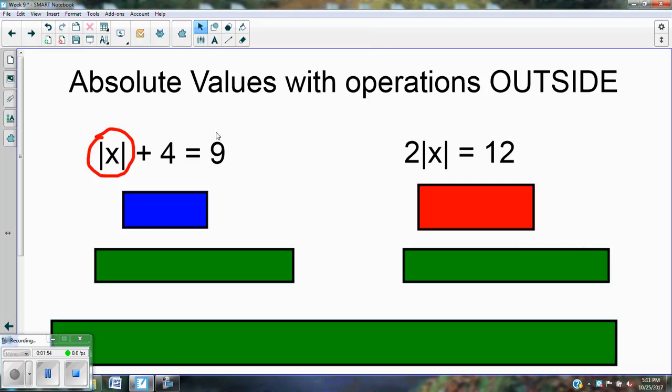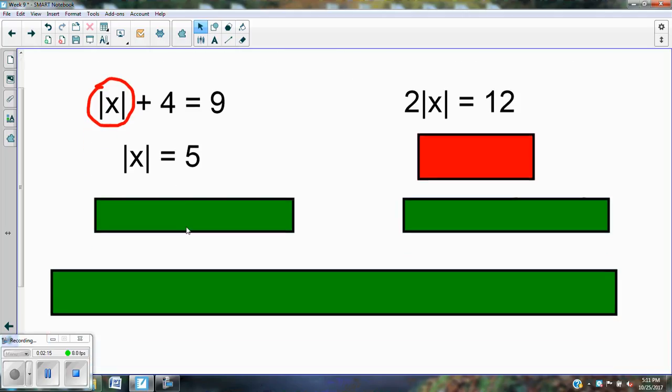Well, if I just subtract 4 from both sides, it's like saying some value equals 5. So remember that some value was an absolute value. So absolute value of x equals 5. All we did was subtract 4 from either side. So again, we basically just treated it like an equation.